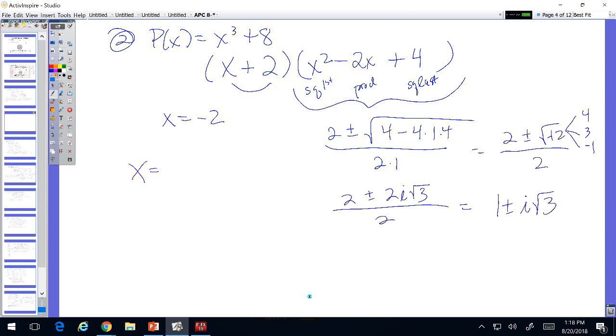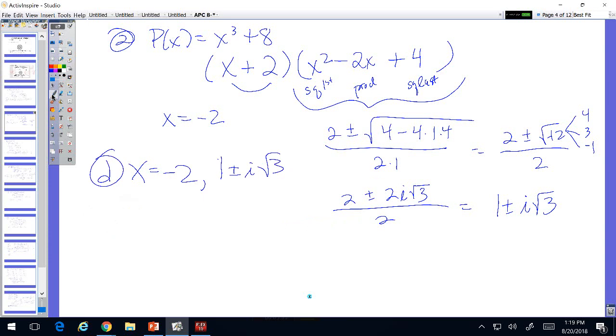So negative 2, 1 plus or minus i root 3 gives me an answer of D again. All right, how's that for number 2?